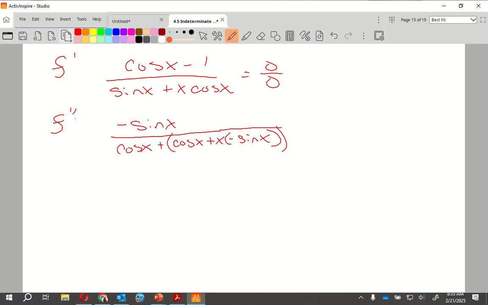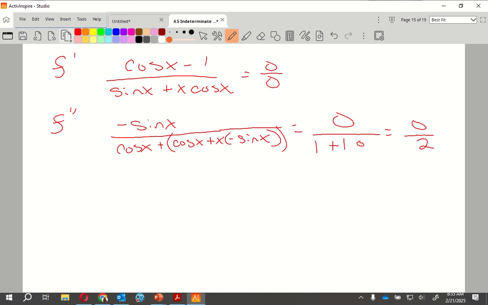Now can I plug in 0? Hopefully I can. So at 0, the limit for this one is going to give me 0, so sine 0. This one right here is going to be 1 plus, over here, this is going to be 1 plus 0 times sine, so 0 times 0 is 0. 0 over 2. 0 over 2 gives me 0.